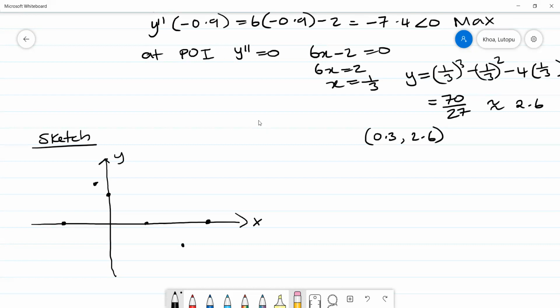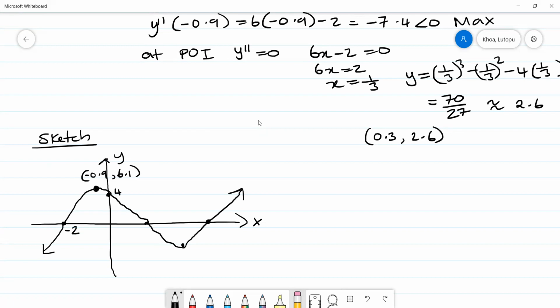So this one will be afterwards. You want your graph to be as smooth as possible, so go something like that. So this maximum turning point, now we can label it. This is negative 0.9, 6.1. This is 4.